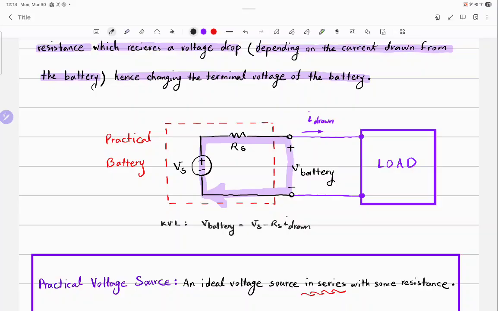You still are allowed to write a KVL, as long as you return to the original point. So when jumping from top to bottom, I have written the voltage as V battery, which is perfectly valid and correct. I'm entering from the positive terminal, so I write it as positive V battery. Okay? So remember that. In order to write KVL, you don't need a circuit to actually exist there.